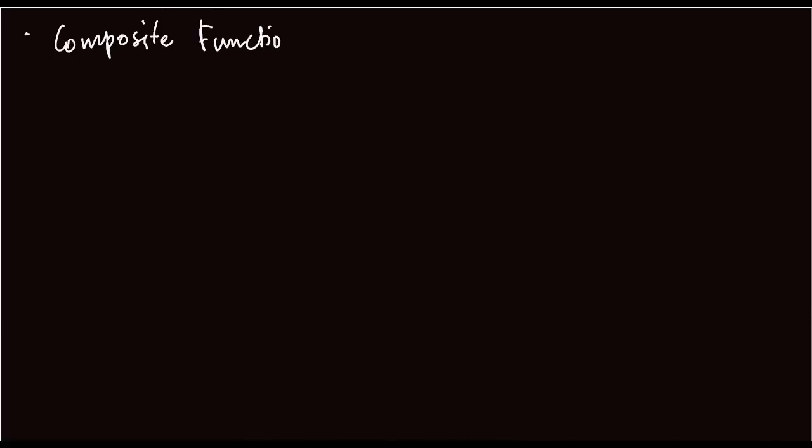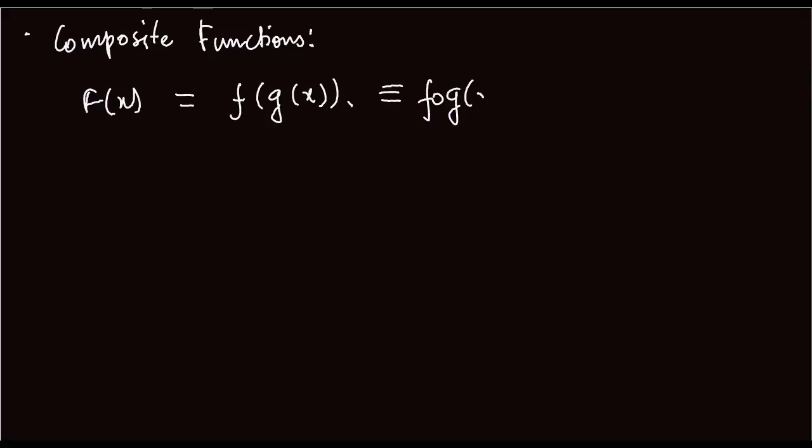Now I'll move on to another point, which is about composite functions. Composite functions are the functions of functions. Okay. So let's say we have F(x) as f of g of x. Fine. It's also written as fog x, for all x belonging to the domain of which function?